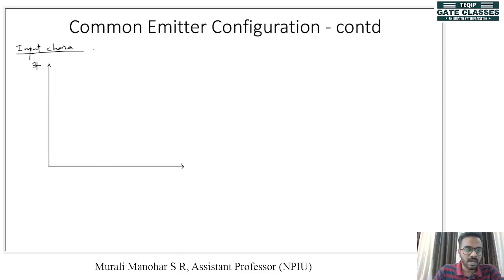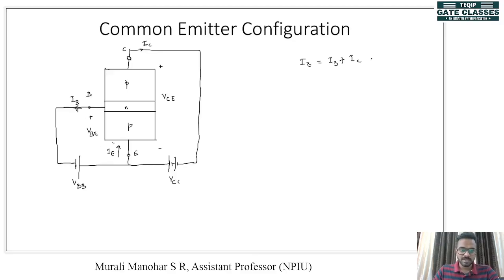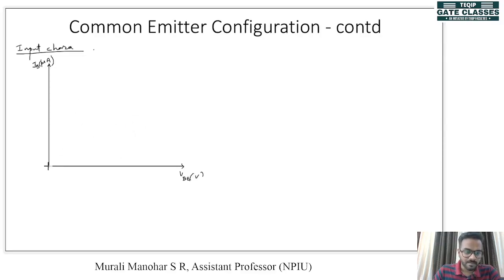So it is between IB, which is in microampere range, and VBE, which is in volt range. And how will the characteristic look? Because this is between emitter and base, that will be like a diode. So for one value of VCE, it looks like this.